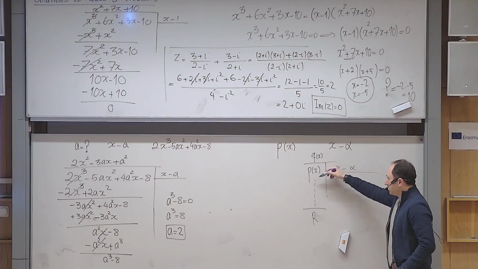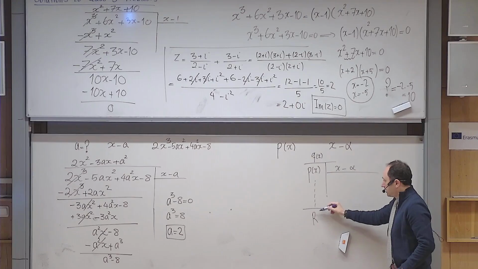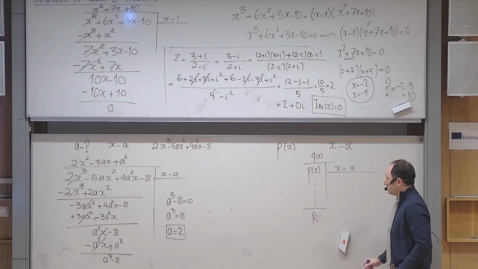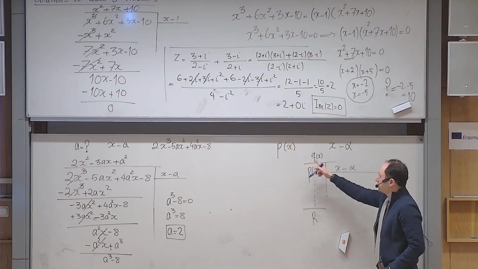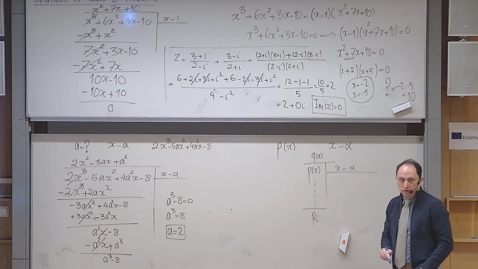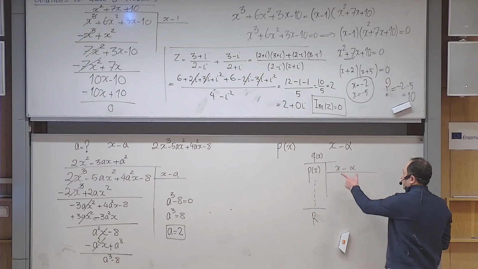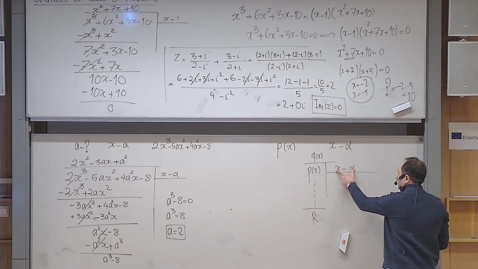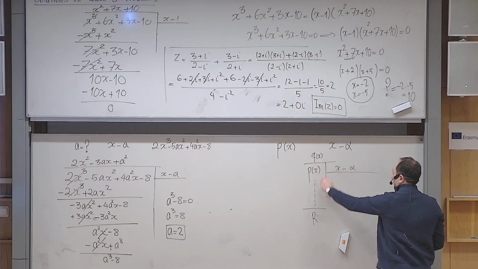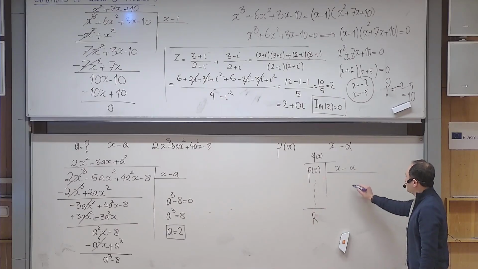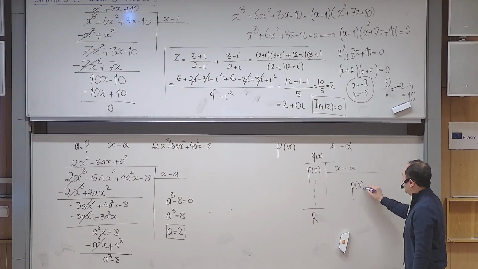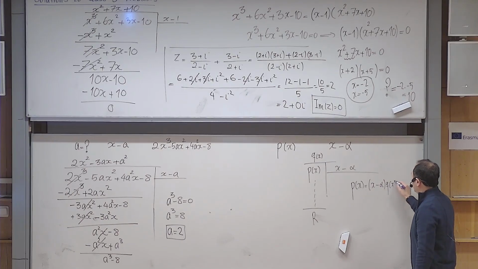Let us say that I do this long process and I get a number at the end, which I call r. And then I get a quotient on top, which I don't know, I call it q of x. But I know one thing. I know that if I multiply this by the quotient and add the remainder to this, it becomes p of x. This is what we learned in the lesson. So p of x is x minus alpha multiplied by q of x plus r.